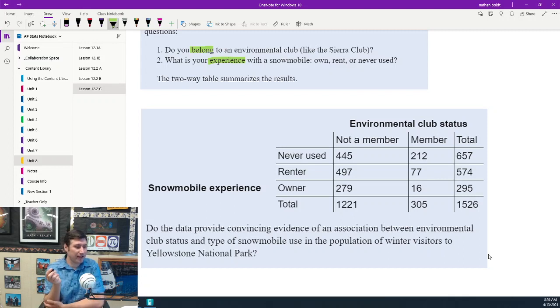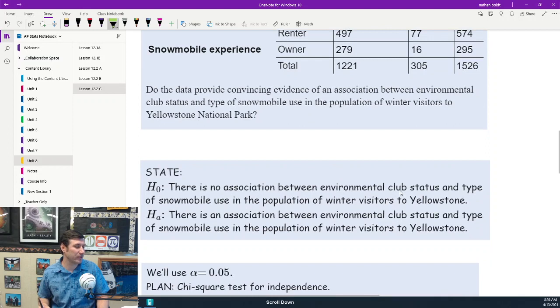Do the data provide convincing evidence of an association between environmental club status and the type of snowmobile use in the population of winter visitors to Yellowstone National Park? So does one help us predict the other? Is there an association, or is the association about the same, equal, no association?